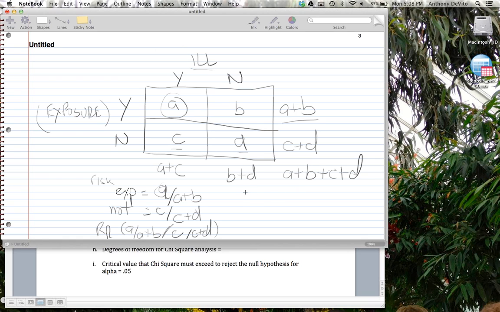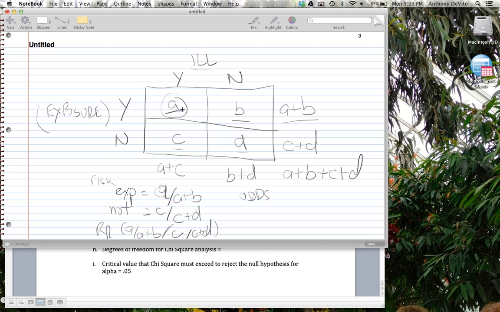Now our odds are a bit different, aren't they? For odds, instead of looking at the number of people that became ill versus the total number of people exposed, we're looking at the relationship between the number of people that became ill that were exposed and the number of people that didn't become ill that were exposed.